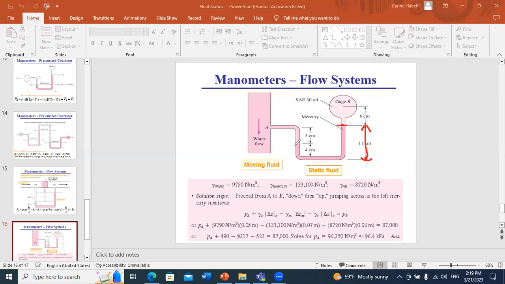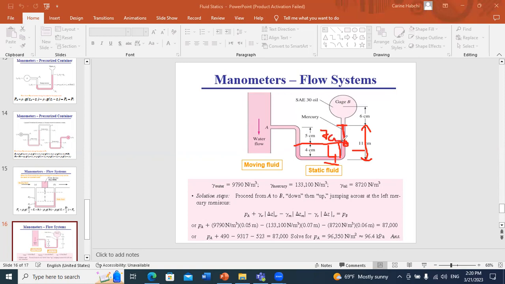So if I jump across, the remaining height of mercury upward from this level to this one is 11 minus 4, which is 7 centimeters.